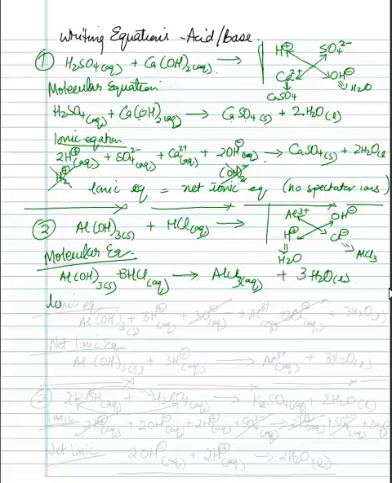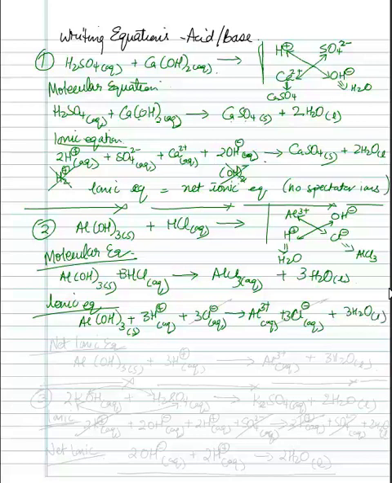Now let's write the ionic equation. Aluminum hydroxide solid plus 3 H plus aqueous plus 3 chlorides aqueous to give us aluminum 3 plus aqueous plus 3 chlorides aqueous plus 3 H2O liquid.